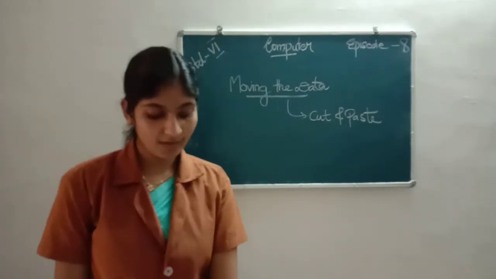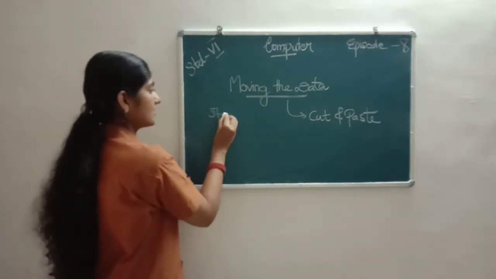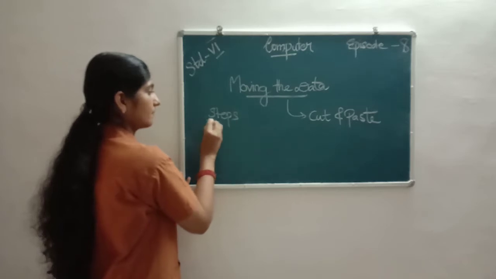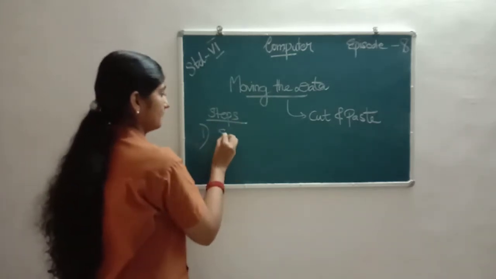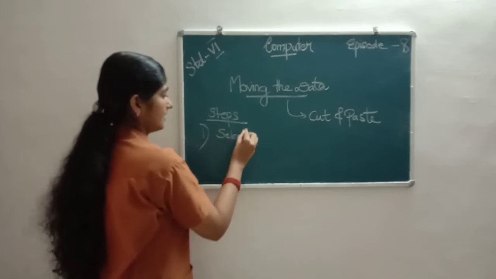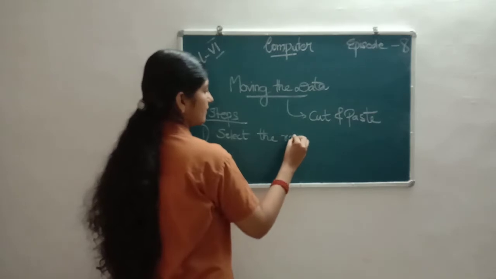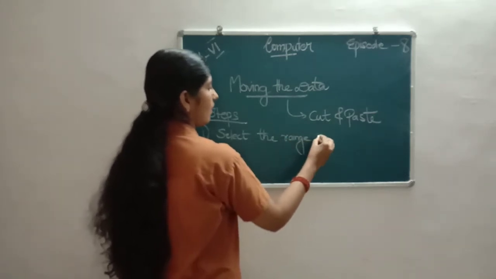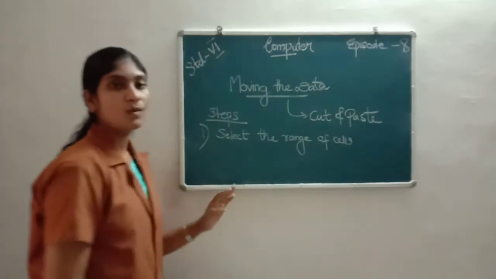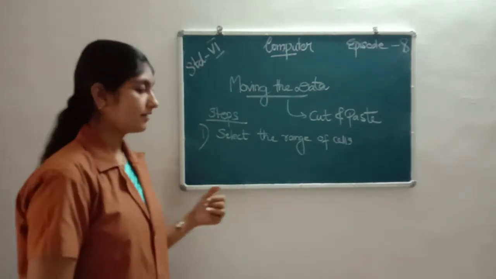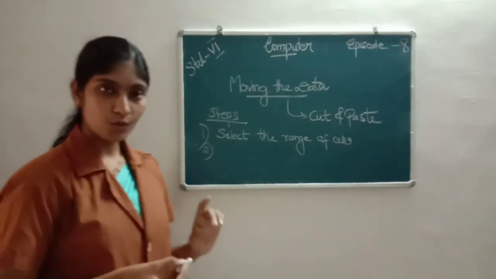So first of all, what are the steps? Let's see what are the steps. First, select the range of cells which you want to cut. Then second step is go to where?